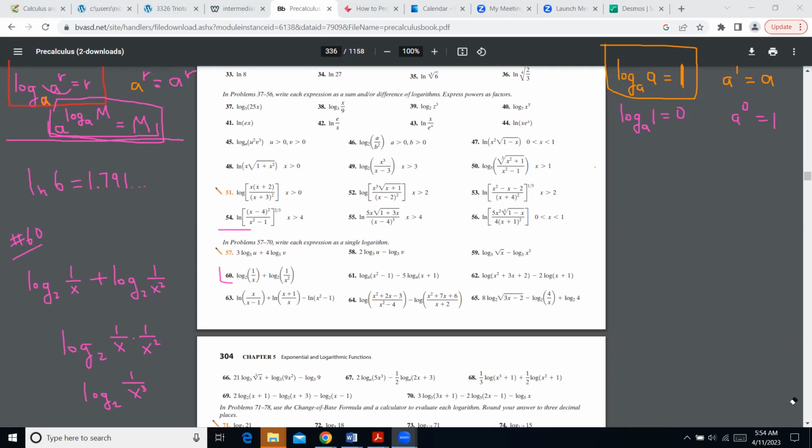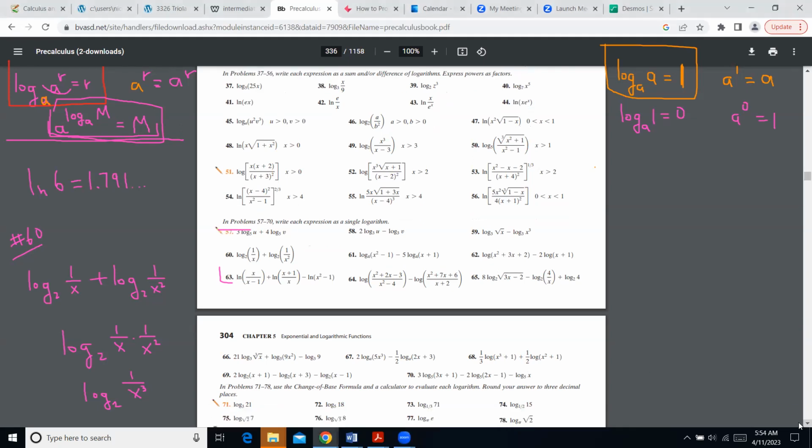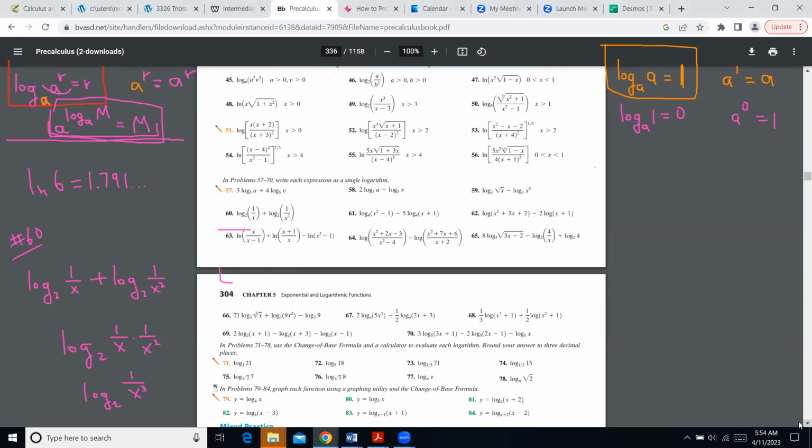So here we are using those formulas in various examples and various little exercises. And I just wanted to add one more little formula here that is called the power rule of logarithm.